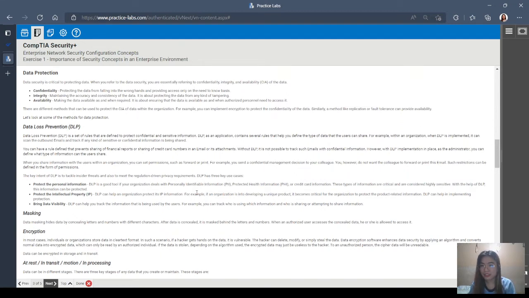When you refer to data security, you are essentially referring to confidentiality, integrity, and availability of data.